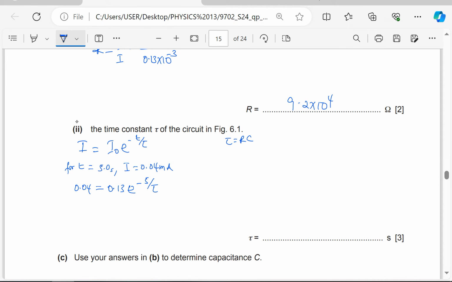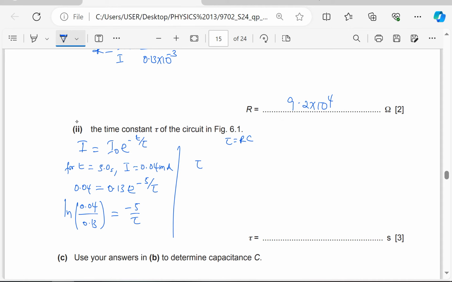I'm introducing ln. So I'll say ln of, I'm dividing both sides, remember, 0.04 divided by 0.13. When I introduce ln to the right hand side, I only remain with the power, so it will be negative 5 over t.